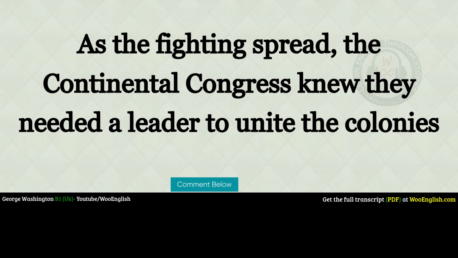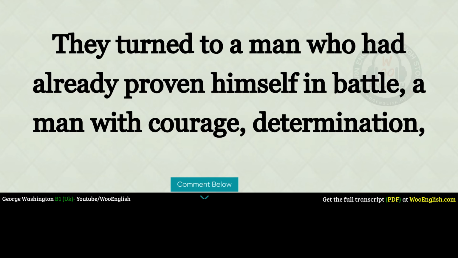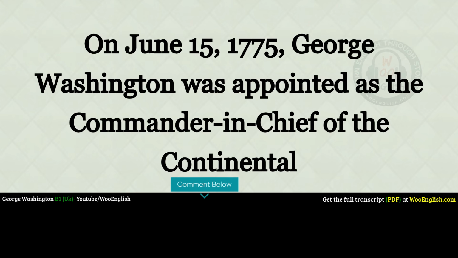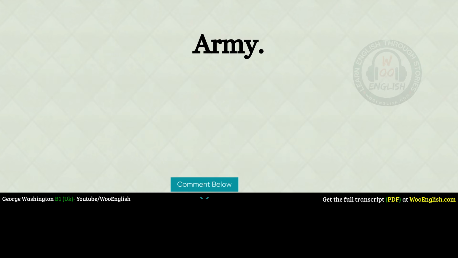As the fighting spread, the Continental Congress knew they needed a leader to unite the colonies and lead the army. They turned to a man who had already proven himself in battle, a man with courage, determination, and a deep love for his country. That man was George Washington. On June 15, 1775, George Washington was appointed as the Commander-in-Chief of the Continental Army.